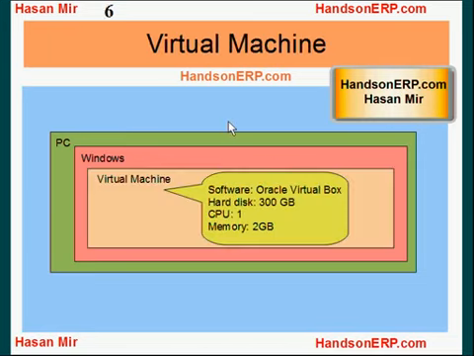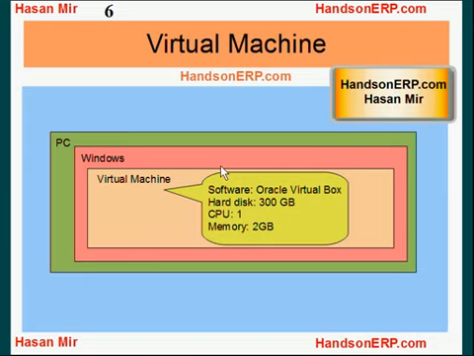Okay, so we have a computer and we have an operating system on that computer. In this case, Windows 7, for example, and we are not going to install Oracle directly on Windows 7. We will be installing a virtual machine on Windows 7. A virtual machine is simply software that emulates a physical machine.